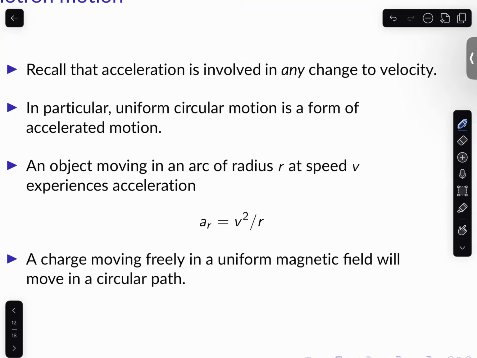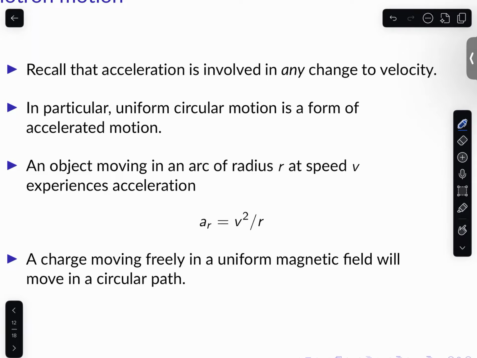Now, think about this for a second. A charged particle, an electron, moves through a magnetic field. Let's assume it's a uniform big magnetic field. Which direction is the velocity? I don't know, pick a direction. Which direction is the magnetic field? It doesn't matter. Which direction is the force relative to the velocity?